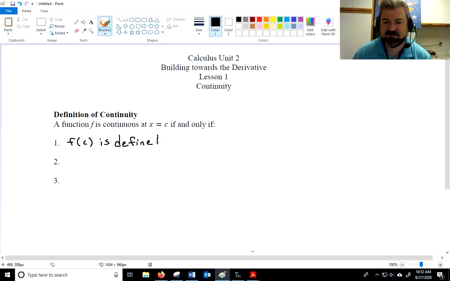If a function is not defined somewhere, it's not continuous there because it doesn't exist there. Secondly, the limit as x approaches c of f of x needs to exist. If the limit does not exist, then the function is not continuous there. Last, we need to know that the function value is equal to the limit value.